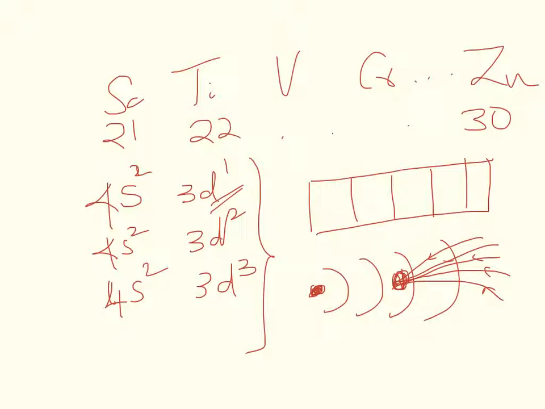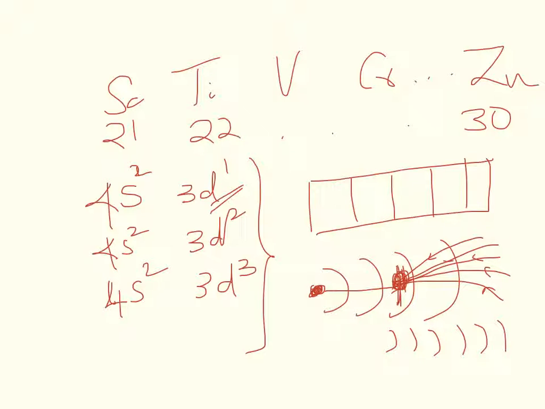Because the protons are increasing, attraction towards these electrons is more. If the electrons were going into farther and farther shells, attraction would not be more. But these are not going farther; all 10 electrons are coming into the same subshell.